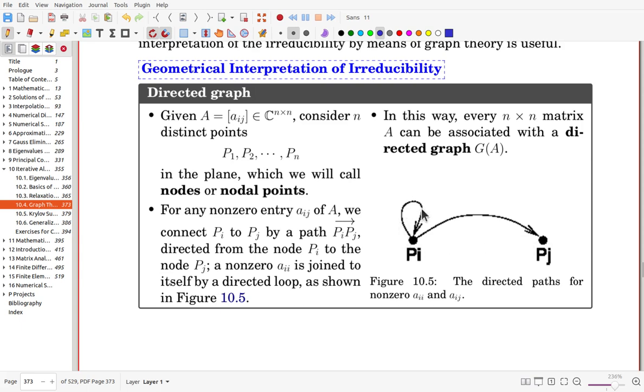This arrow is also made when Aii is non-zero, from i to i. In this way, we put directed arrows between the corresponding points, and then it is called a directed graph.